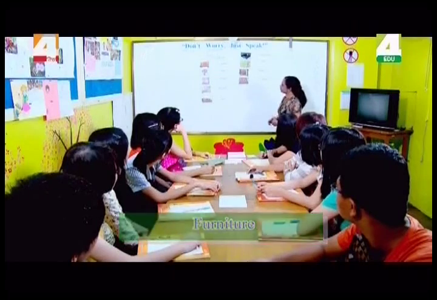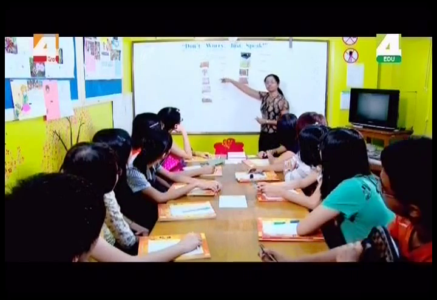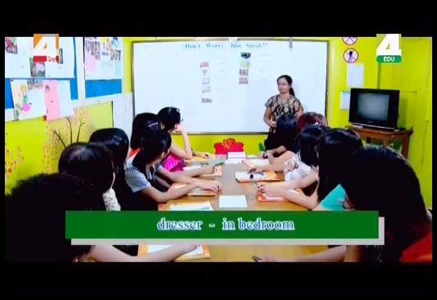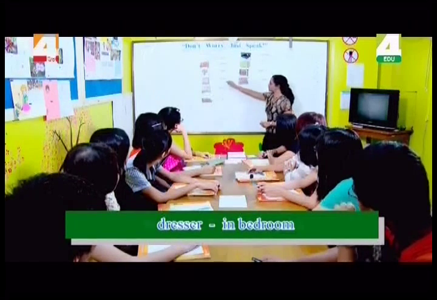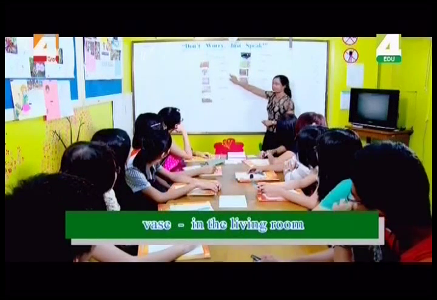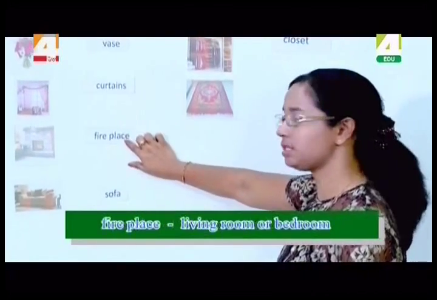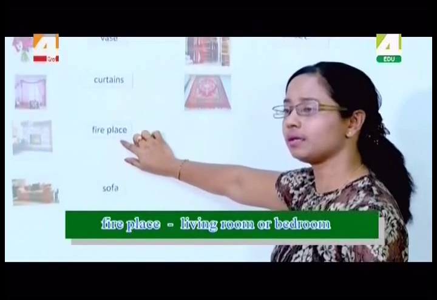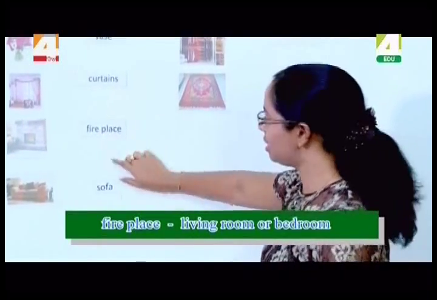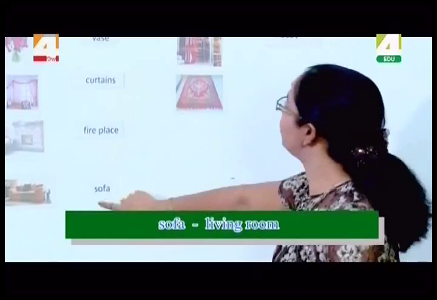Okay. So now I want to ask you, dresser. Where can we put a dresser? In the bedroom. Good. How about vase? Living room. Curtains? Only in the living room? Bedroom too. Right. So fireplace? Living room or bedroom. Right. So sofa? Living room.